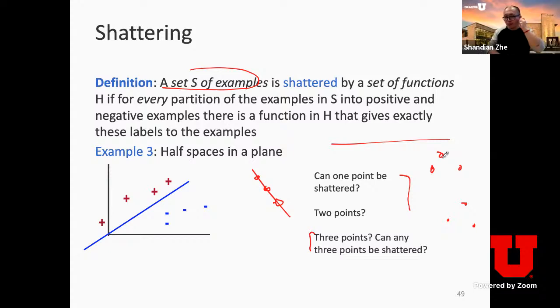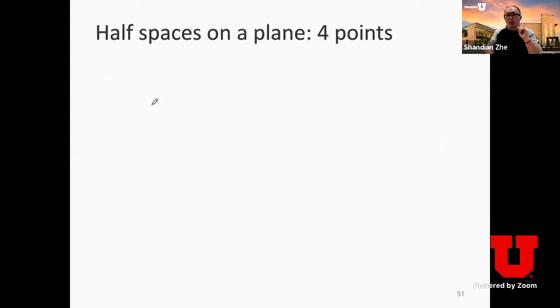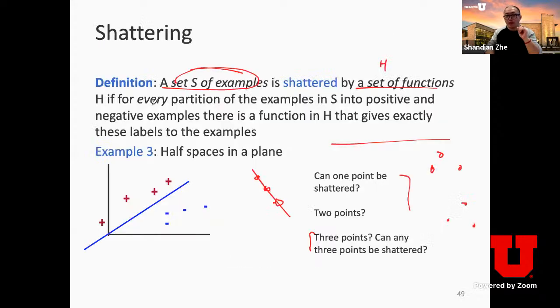We're talking about whether one particular set of functions H can shatter one particular set of points. Because this is how we define the VC dimension. The VC dimension is not saying that you must shatter all possible sets of 3 points for the VC dimension to be 3. It's not like that.